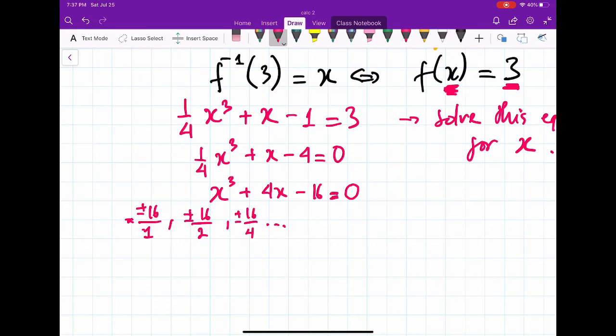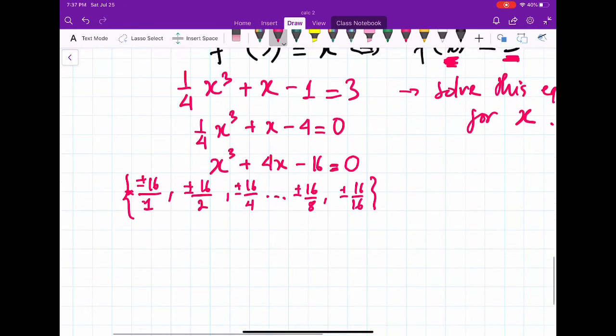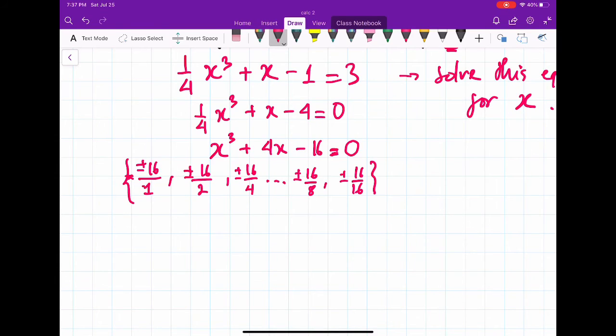And then you have plus minus 16 divided by 8, then plus minus 16 divided by 16. So you have a set of candidates that may be a solution of this equation, and it turns out that x equal to 2 is the solution of this equation.